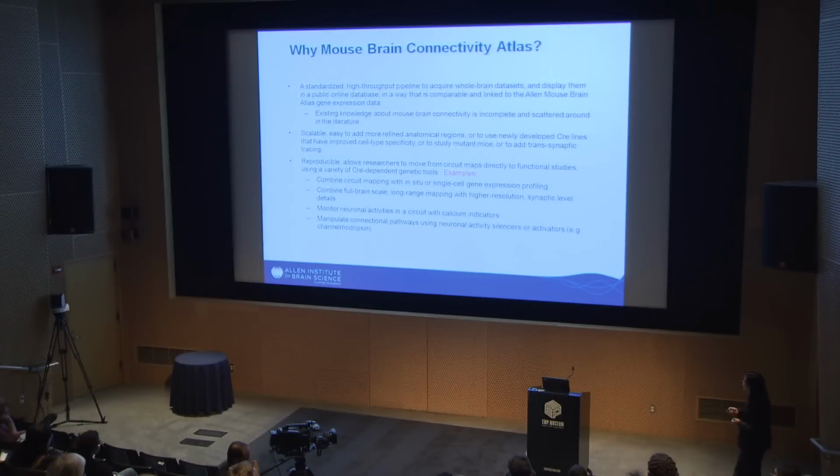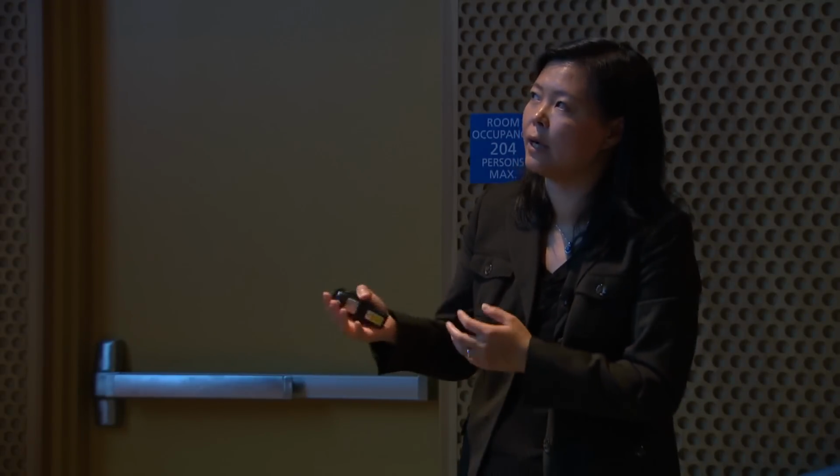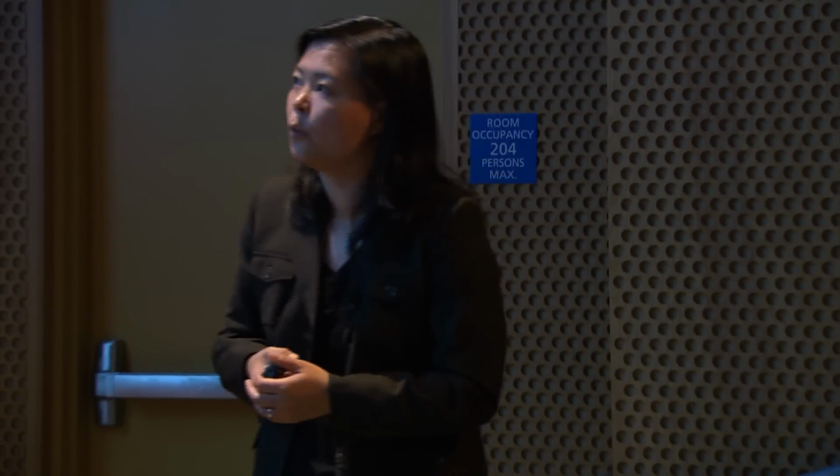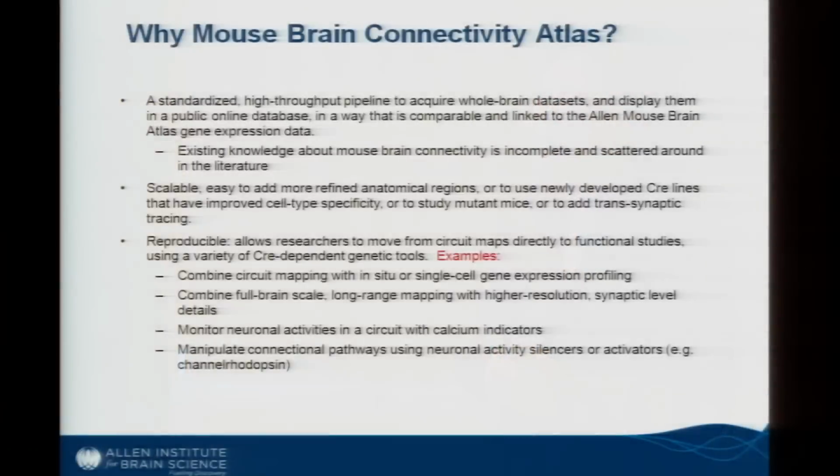You can combine this kind of large-scale whole brain level mapping with higher resolution synaptic detailed mapping. You can monitor neuronal activities in a circuit with functional indicators. And finally, you can manipulate or probe the functional interactions using activity silencers or activators.